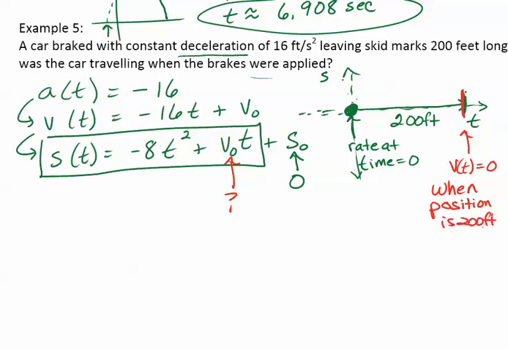So there's the data point, and that of course is the trouble spot here. So we know that when the velocity is equal to 0, we're going to have a position of 200 feet. So let's see what we can do with this. Our velocity, we just decided, will be 0.